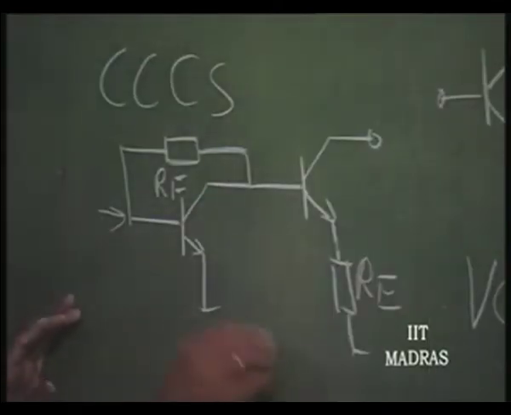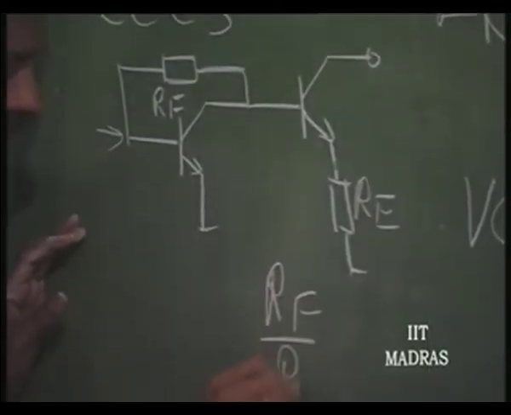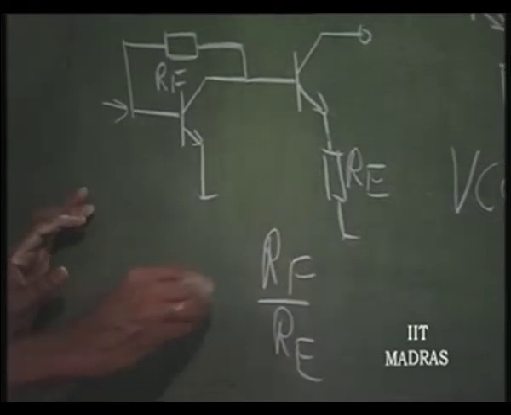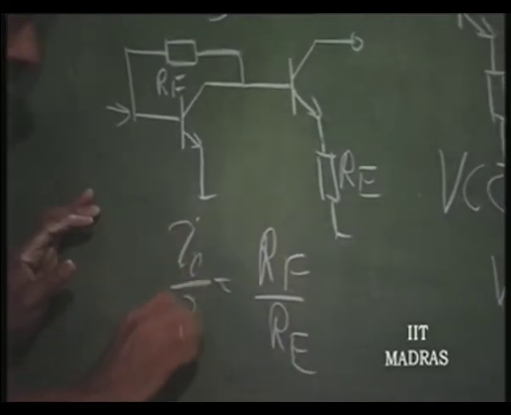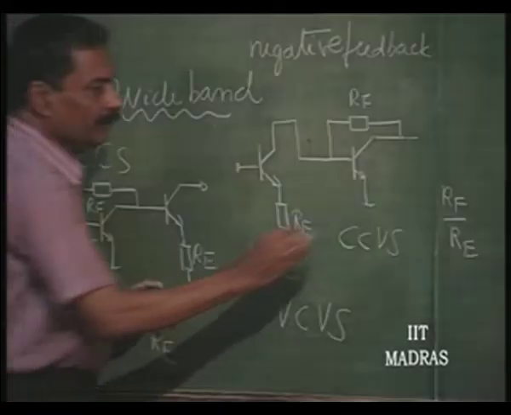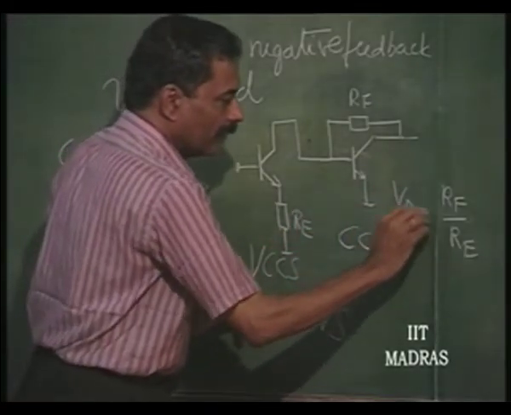These two cascaded together will again give you a gain of RF by RE for the current Io by Ii here. This is Vo by Vi.